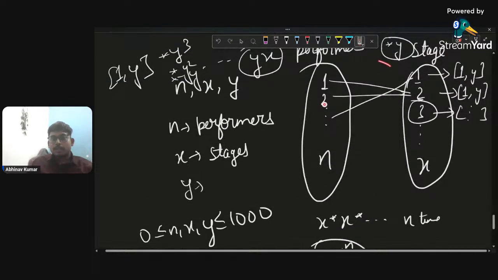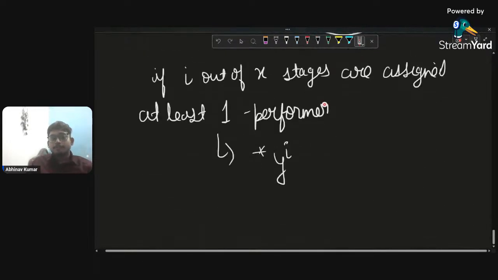So whatever are the number of ways to assign I stages to the performers, in that we multiply y to the power I, because for every stage there can be y different scores that can be assigned. So for every stage we would multiply by y, multiply by y. So if I of the stages are assigned performers, we would multiply it by y to the power I.